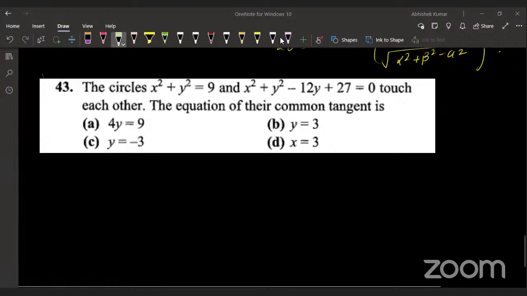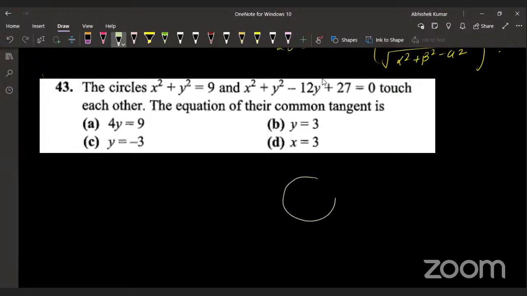Okay, let me try to visualize it. Common tangent. Okay, it will be done.